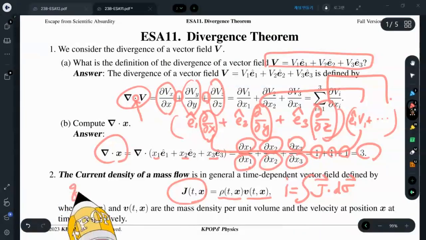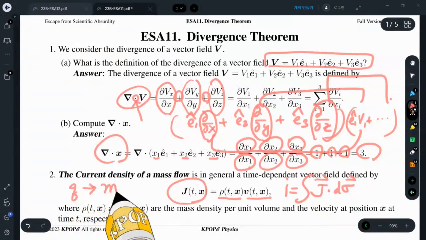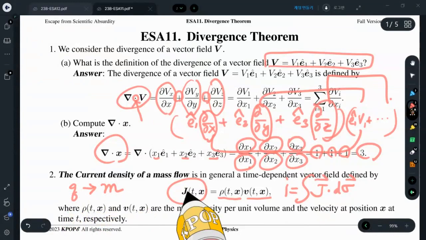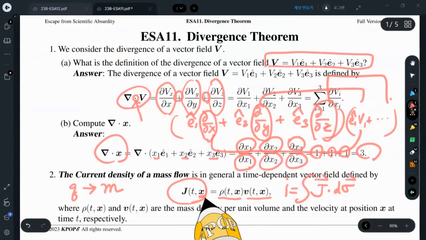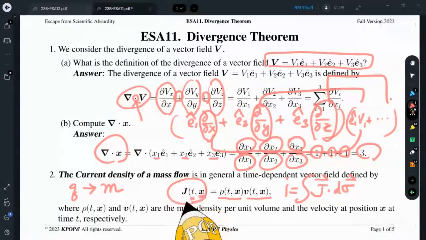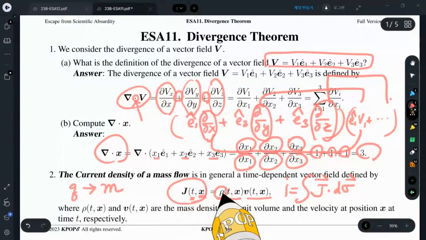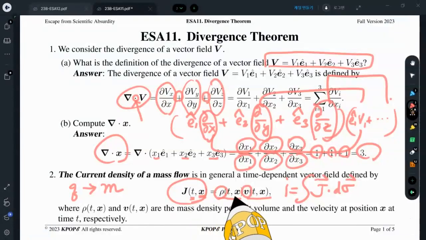Just replace charge Q with mass. In general, the current density varies depending on the position and time. So current density J, density rho, and velocity v all depend on time and position.